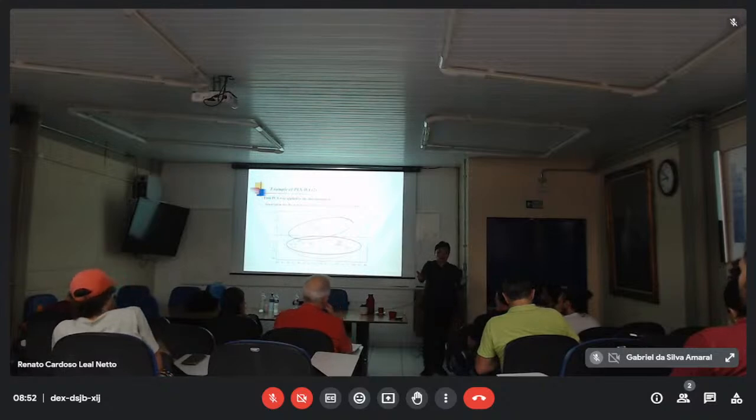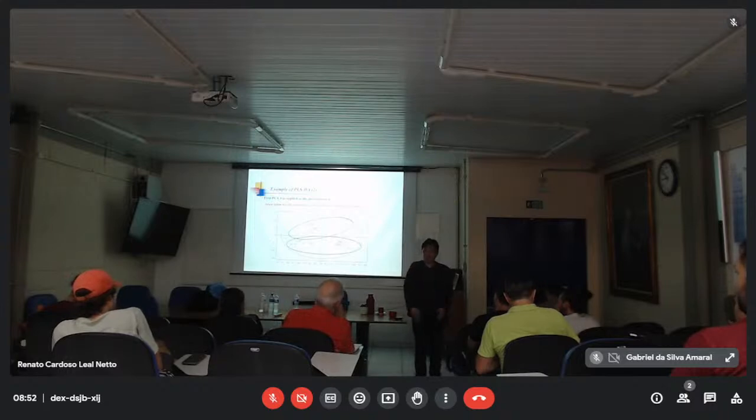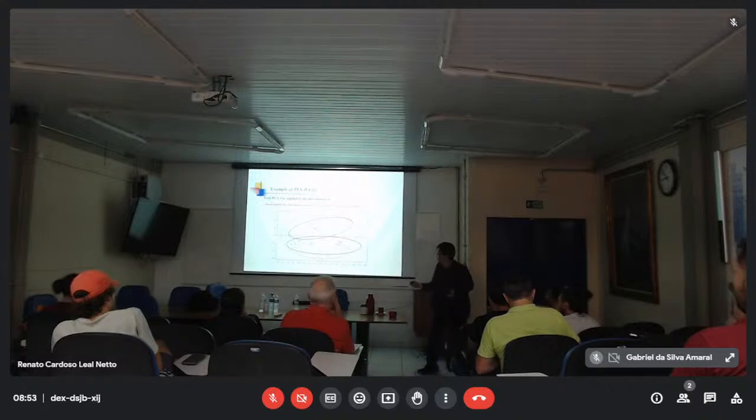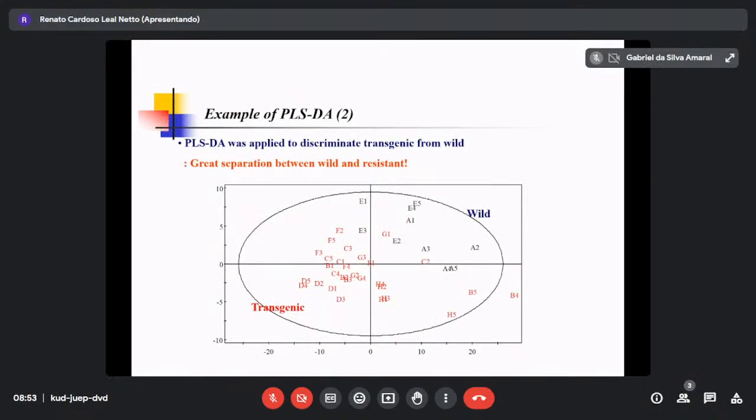But ideally, when you do a supervised method, my second step is actually my goal. Now I want to build a model, transgenic and non-transgenic. What's the next step? I want to predict. For example, I bought another plant material, measured mass or NMR, and I upload it.